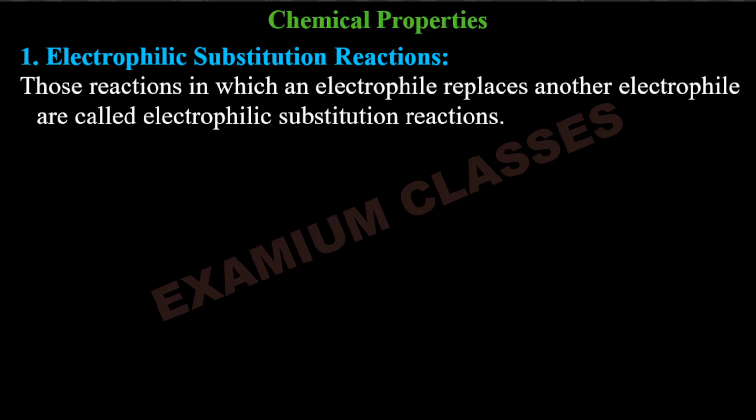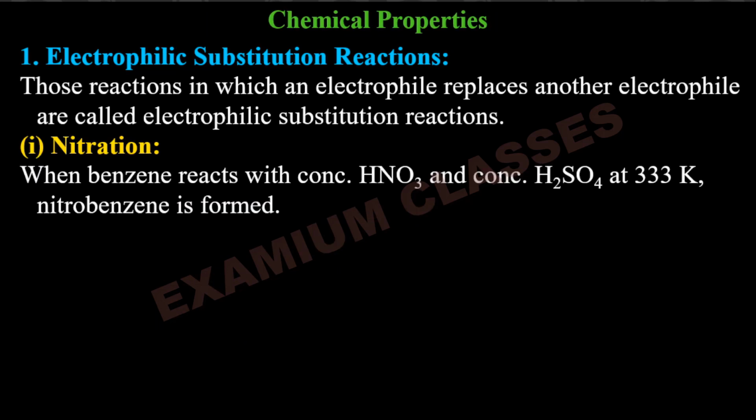So first one is nitration. In nitration, what happens? We use concentrated HNO3 and concentrated H2SO4. The point here is that nitration can be done with concentrated HNO3. Then why do we use concentrated H2SO4? The reason is to produce the nitronium ion.